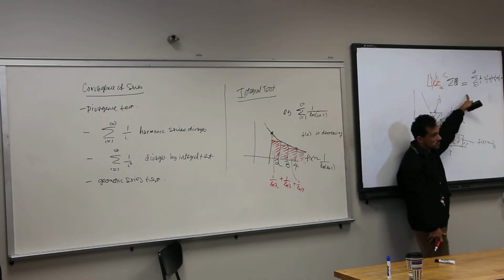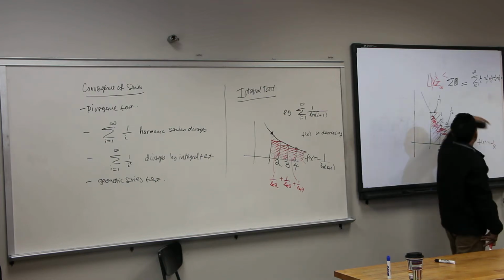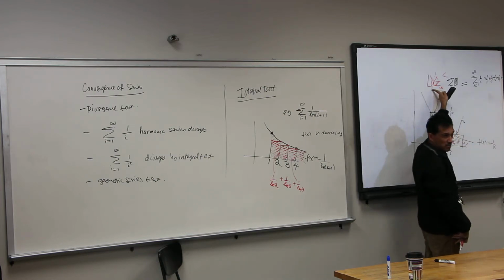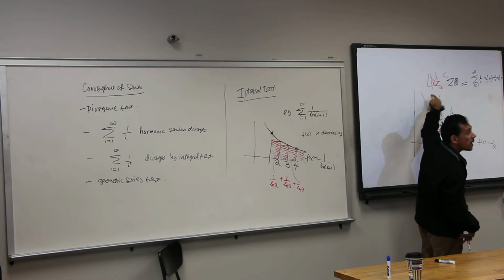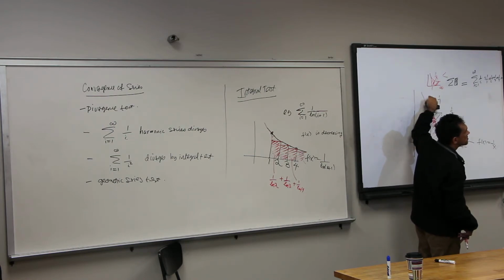This is bigger than this. We may conclude something only if this is infinite. If this is finite, we may conclude what? Nothing.